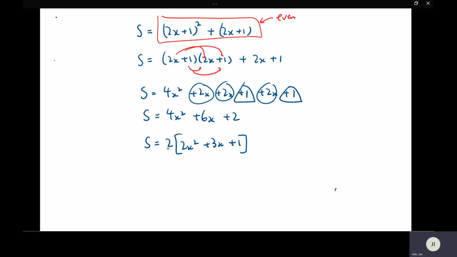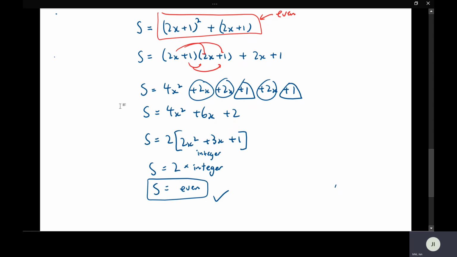So 2 times an integer, this whole thing is still going to be an integer. So 2 times an integer is always even. All right, so now the proof is done.